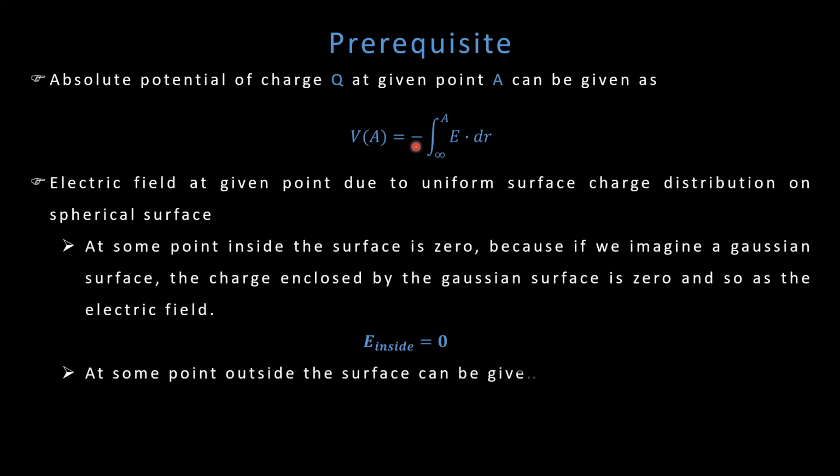If charge is distributed on some sphere only on surface, and if we want to find out its electric field at some point outside the surface, it is given as kq by r square, or sigma into radius square upon epsilon 0 into distance square. But we'll consider it to be kq by r square. It is very similar to electric field of point charge. So with these prerequisites clear, we can start with today's topic. Let us start.